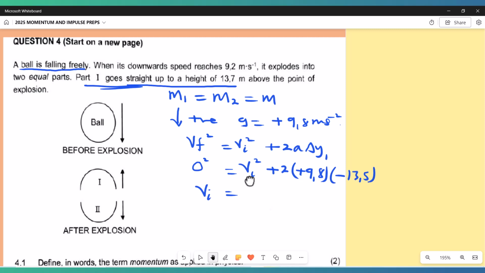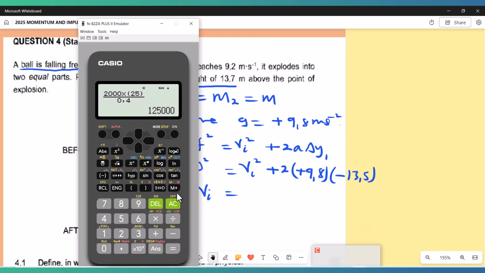After multiplying 2 times 9.8 times 13.5 under the root, I say square root of 2 multiplied by 9.8 multiplied by 13.5. It gives me 16.266, which I can say is 16.27.